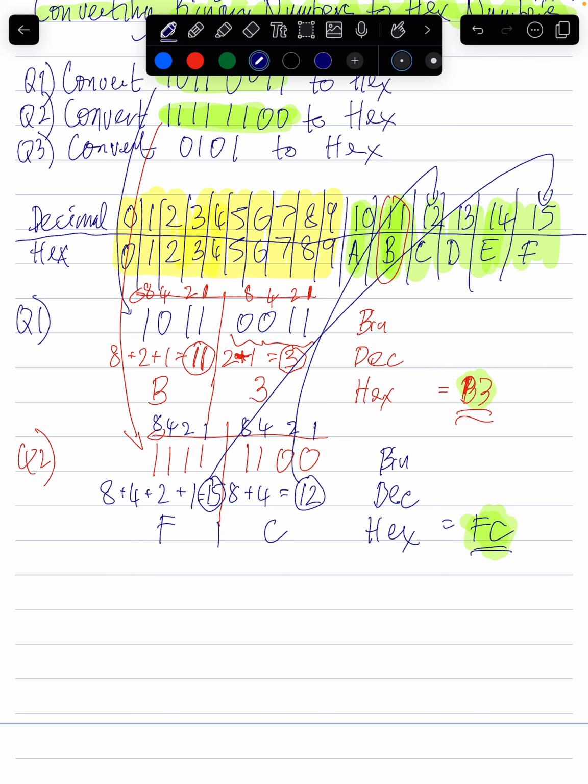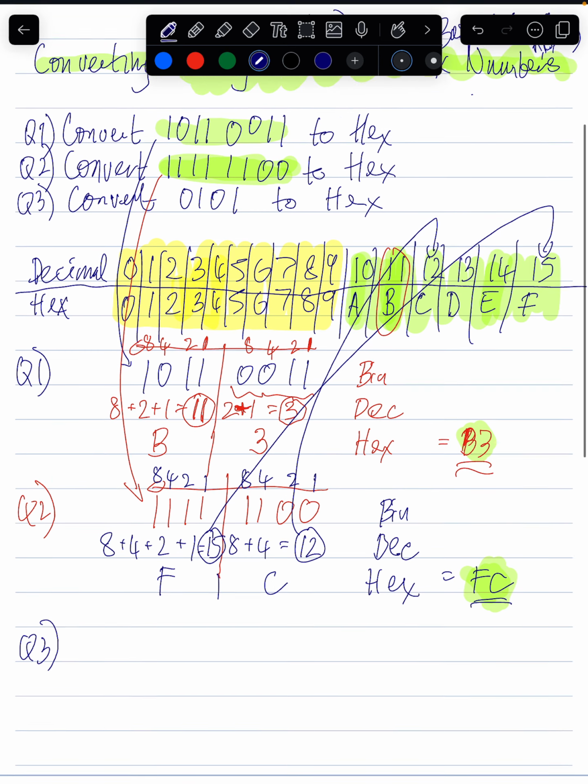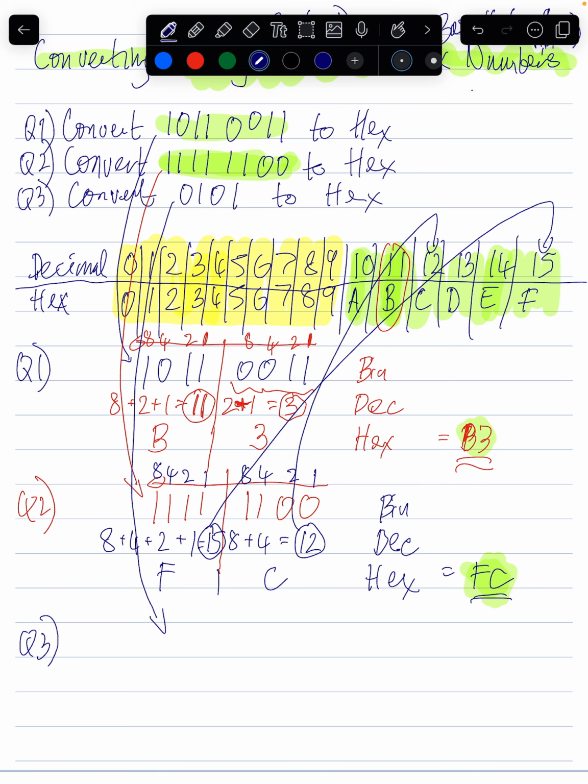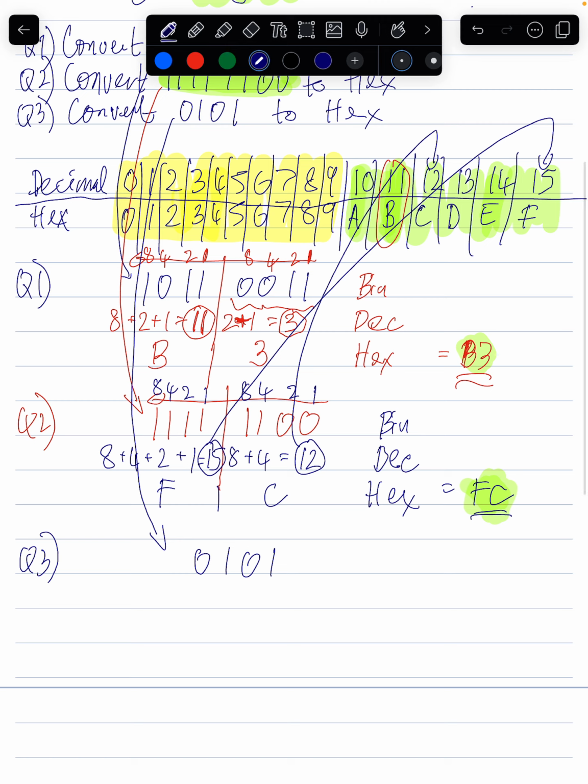Okay, so now we do question 3. We copy out the number, so 0, 1, 0, 1. Now, we only have one group of 4, so we just deal with it as one group of 4. And then we put our column headings, so 1, 2, 4, and 8. So this is the binary, and now we convert it to decimal. That's going to be the 4 plus the 1, which is 5.